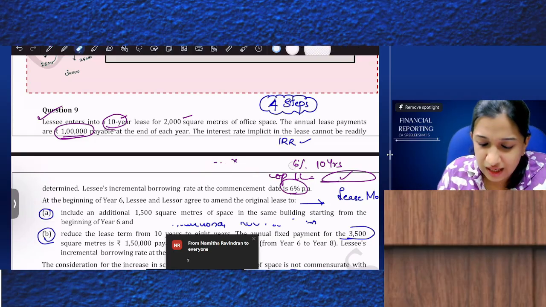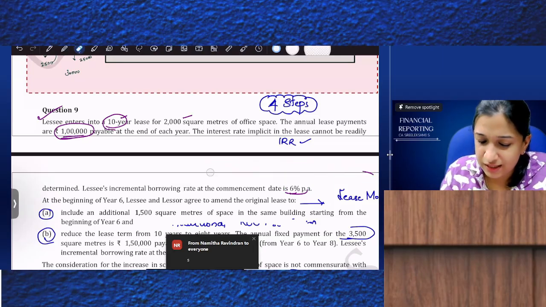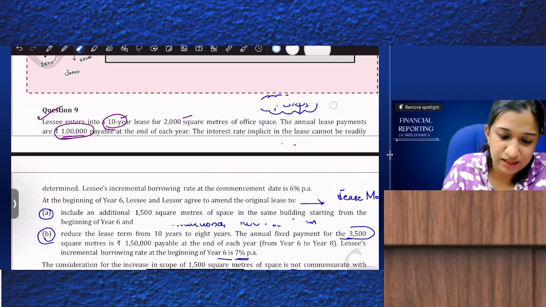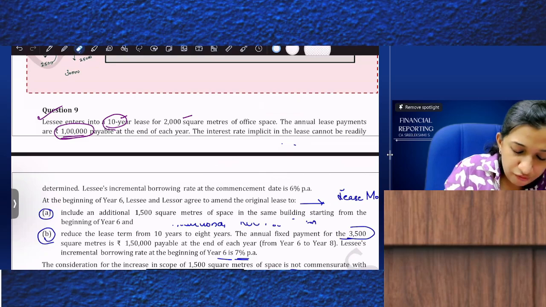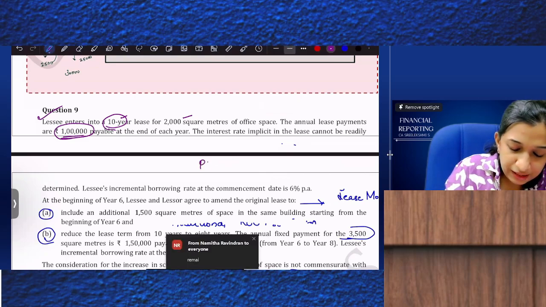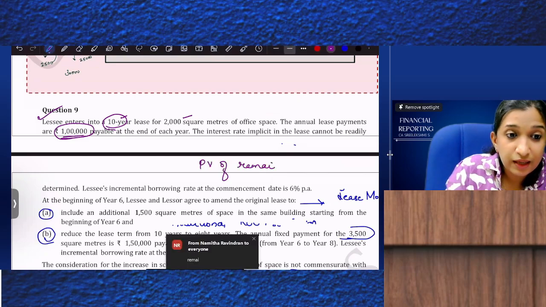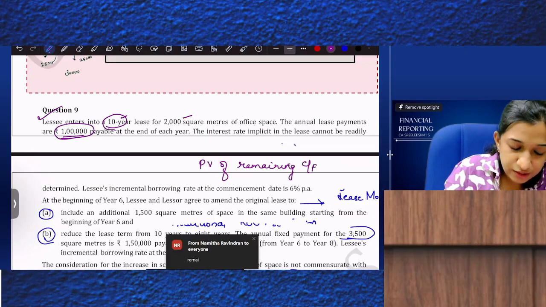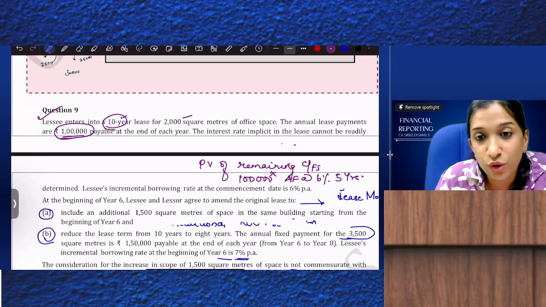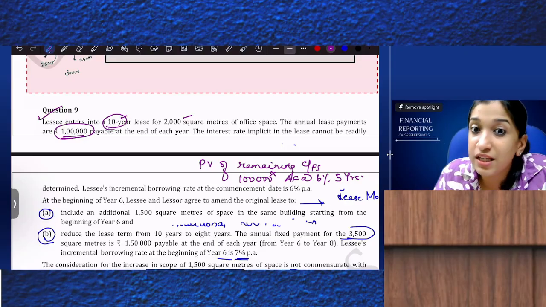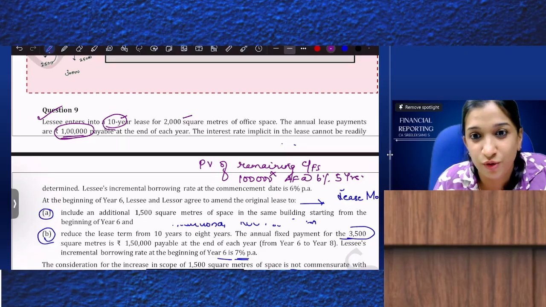Or, in the exam hall, considering the time constraints, what can you do? Take the present value of remaining cash flows: 1 lakh into annuity factor at 6% for 5 years. You will get the same result, because the closing balance in the amortization table is always equal to the present value of remaining cash flows.